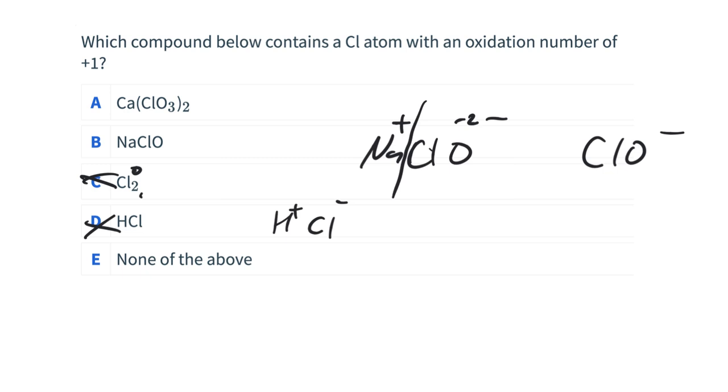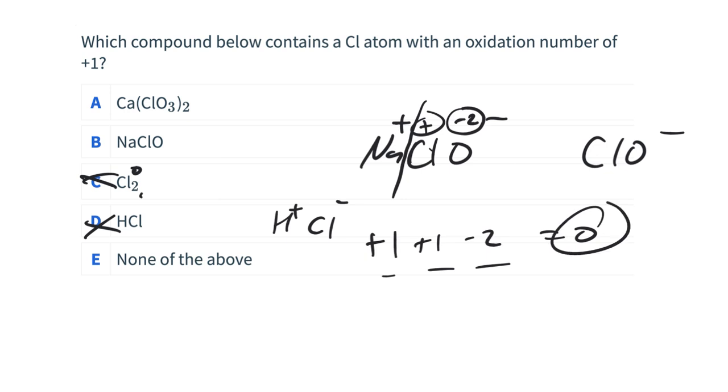So this is just oxygen with its normal rule of -2. And so then that's going to make chlorine be plus. So we can have sodium be +1, chlorine be +1, -2 for the oxygen. NaClO is uncharged, the overall molecule is neutral, so these all have to sum up to 0. And so B is the one with chlorine being +1.